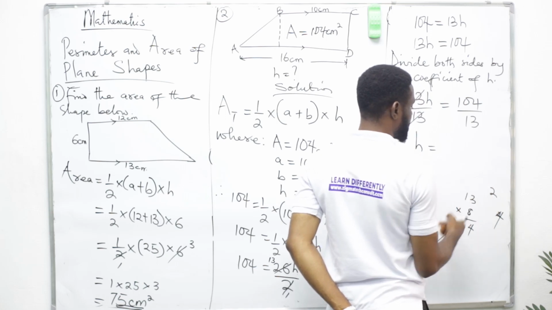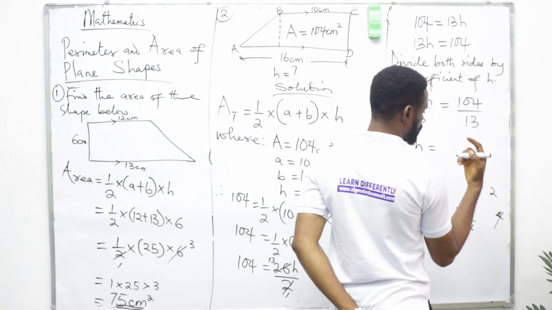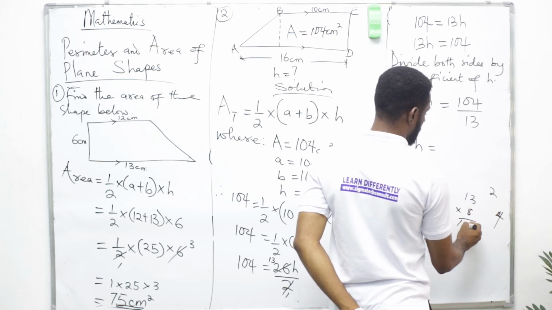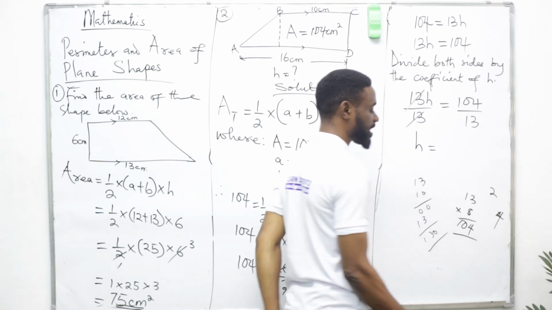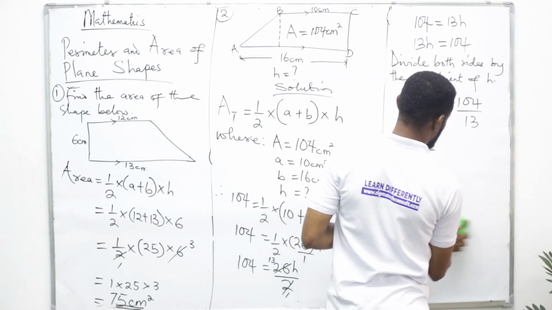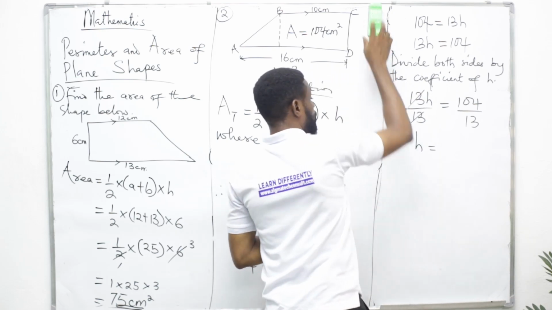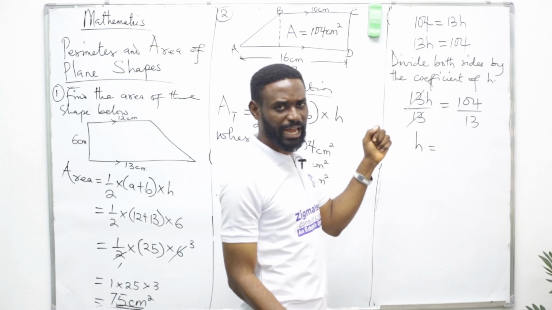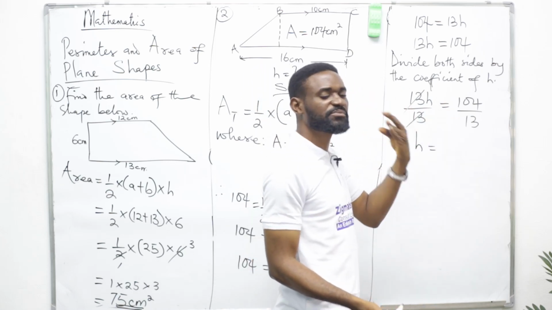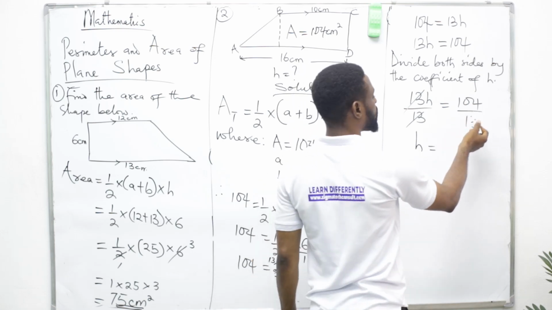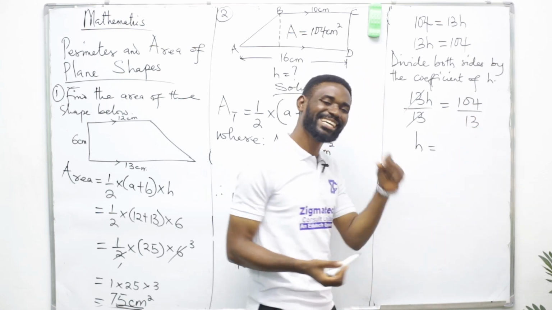8 times 1 is 8, plus this, that is 10. That is 104. Do you get that? Let me make you understand that again. In your basic exam, I'm sure they will allow you to use a calculator. But even if you don't have a calculator, you can get this. Now, 104 divided by 13 will go 8 times.